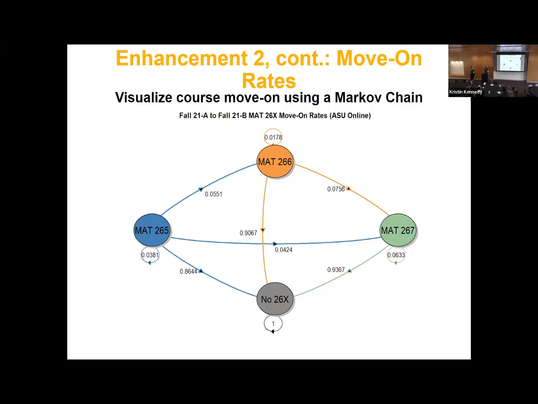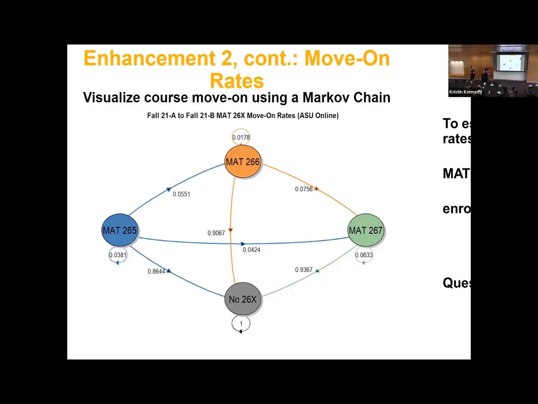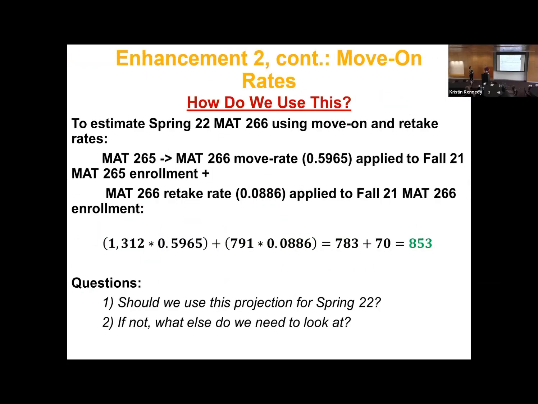So what do we do with this to figure out our move on rates? It's really not terribly complicated. It's just a little bit of arithmetic. To estimate our spring 22 enrollment in Math 266, we would use the fall 20 to spring 21 move on rates or retake rates. For Math 265 to 266, the move on rate was approximately 0.6.